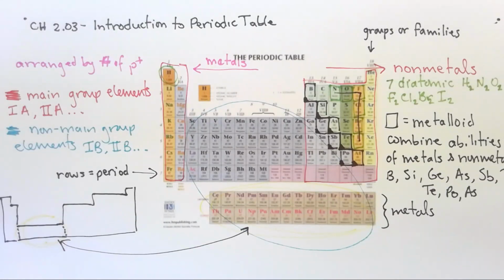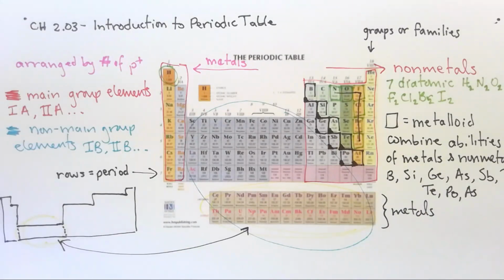So, if I asked you to give me an example of an element that is a metal and in main group, can you think of an example for that? I'll pause for a few seconds.